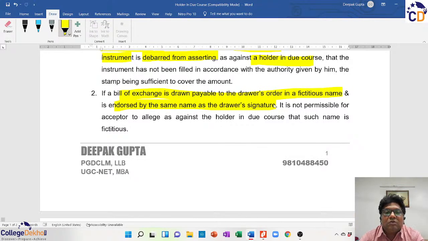Now somehow, if the payer alleges that that party C was fictitious, it was no one, he said कि जो आप हैं ड्रॉयर, आप ही ने वो पार्टी का नाम क्रिएट किया है जबकि वो पार्टी फिक्टिशियस है, और आपने उसके फेक साइन करके उसी के नाम से साइन करके खुद ही एंडोर्स करा लिया. तो first of all, अगर आप होल्डर इन ड्यू कोर्स हो, then the payer cannot deny his liability because even if that person was fictitious, the person becomes the holder in due course.